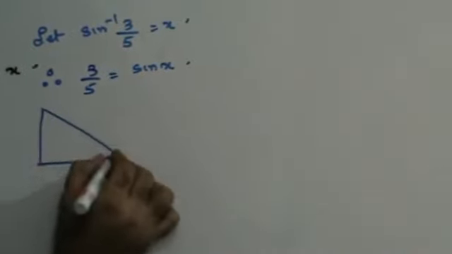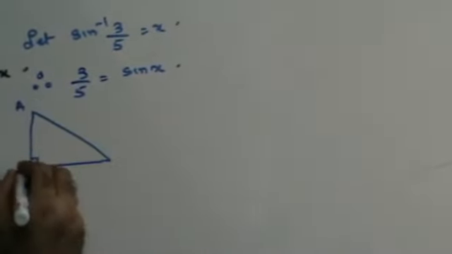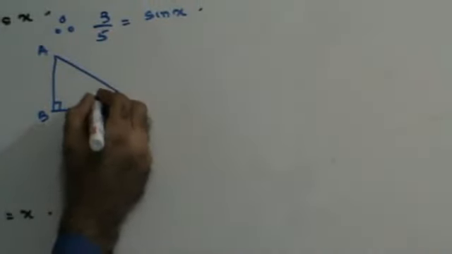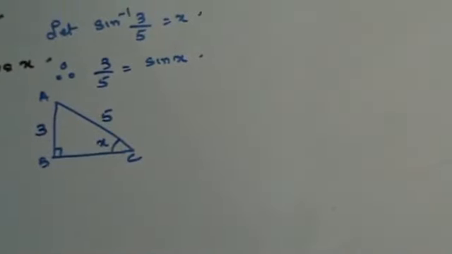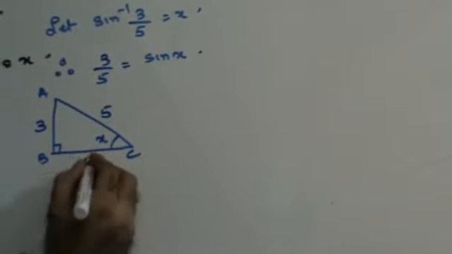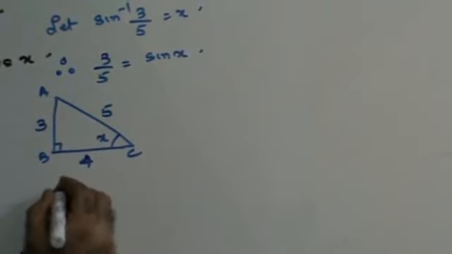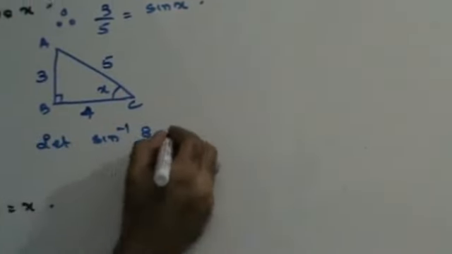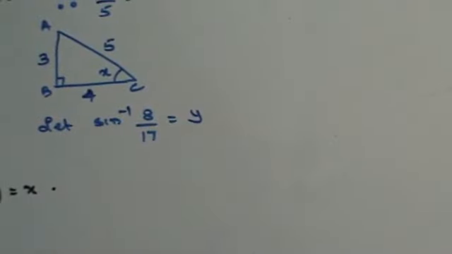Draw a right angle triangle in which one angle is 90. If I draw this triangle ABC, one angle is 90 and this angle is x. Sine x is opposite upon hypotenuse. If I apply Pythagoras theorem, my adjacent side will be 4. Right? Similarly, let sine inverse of 8 by 17 be equal to y.